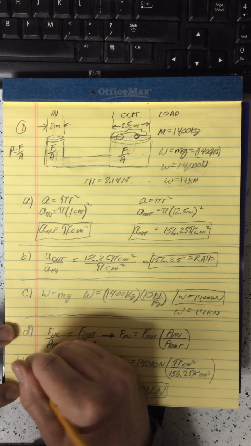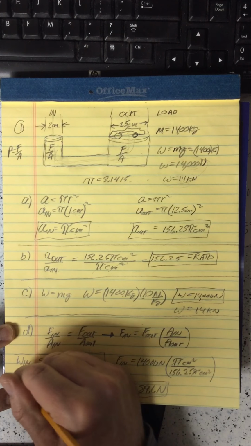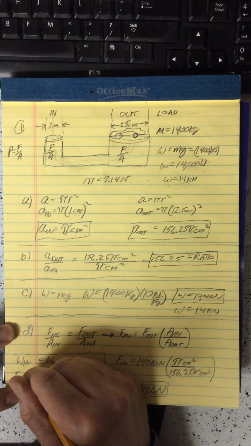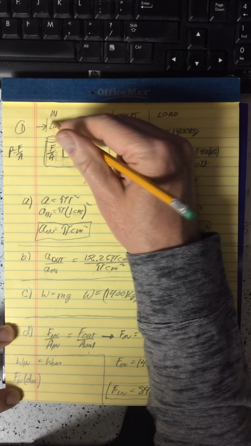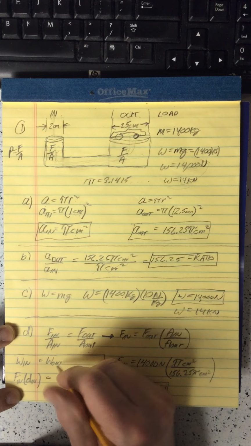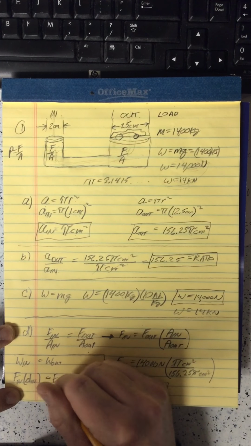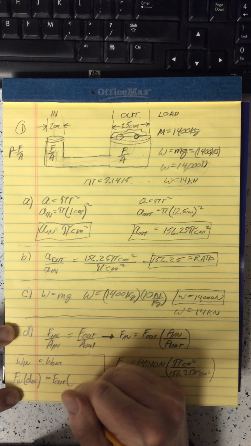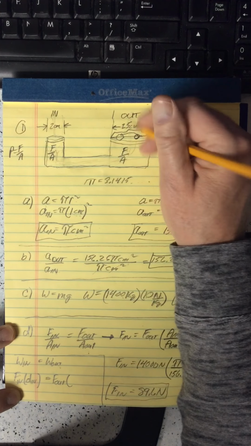Work in has to equal work out. Force in times how far in you push this piston equals work out, which is force out multiplied by distance out.